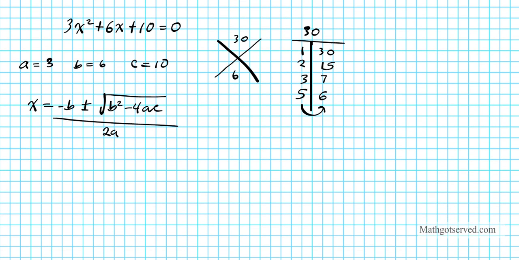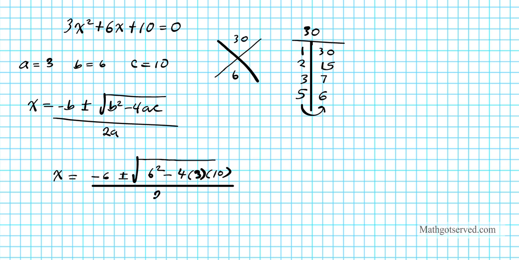So we have x equals negative 6 plus or minus the square root of 6 squared minus 4 times a times c, and then the whole thing divided by 2a, 2 times 3. Alright, let's go ahead and work this out.